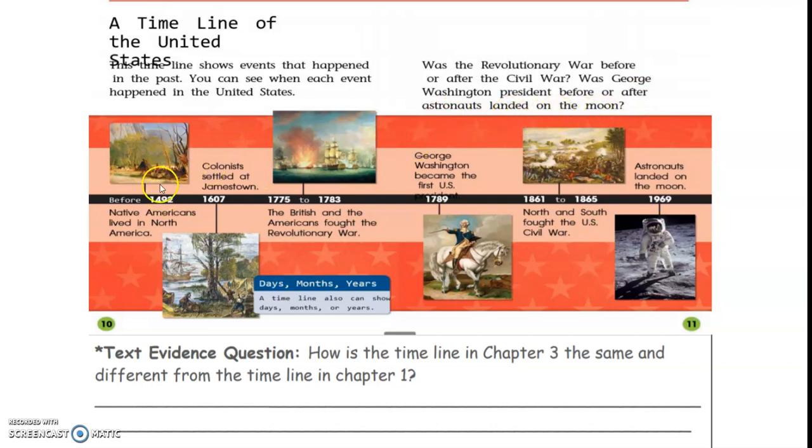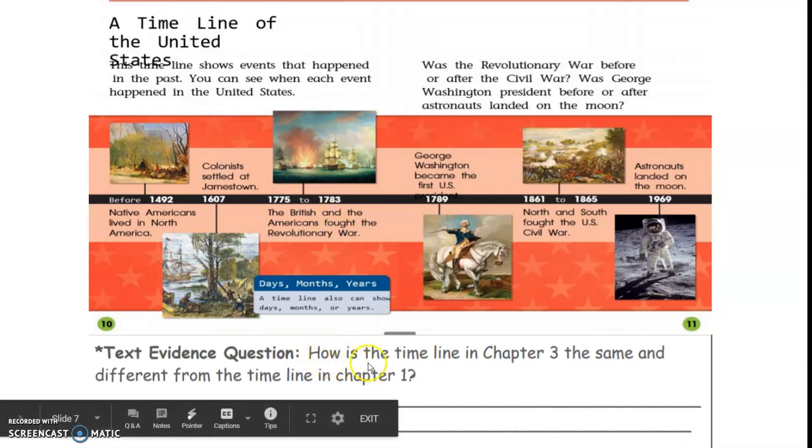Remember, anything on the left will be before and anything in front of that will be after. So Revolutionary War. Oh, I see. Here's Revolutionary War here, 1775 to 1783. And then where do I see, oh, Civil War. Look, I see that keyword. So the Revolutionary War was before the Civil War on our timeline. It was earlier. I'm going to let you figure out the next one. George Washington, was he president before or after astronauts landed on the moon?